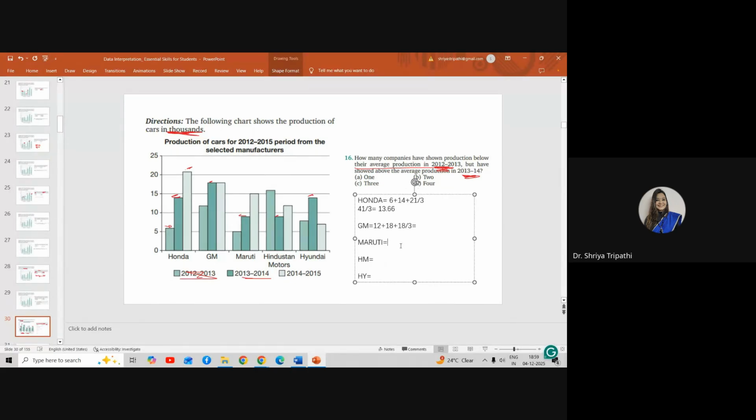For Maruti, we have 5 plus 9 plus 15, divide by 3. Hindustan Motors, we have 16 plus 9 plus 12, again divide by 3. And last, Hyundai, 8 plus 14 plus 7, divide by 3.